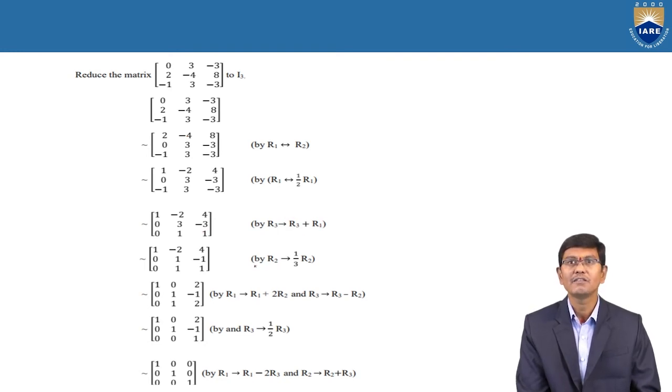Once again, observing this matrix, the R2 row involves 0 3 minus 3, so 3 is the common value. When we divide by 3, the second row is changed to 0 1 minus 1, and the third row is 0 1 1 only.